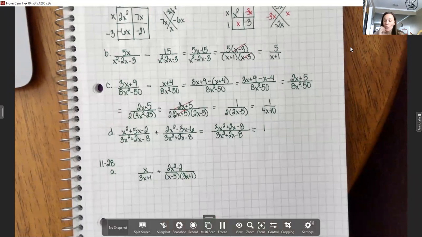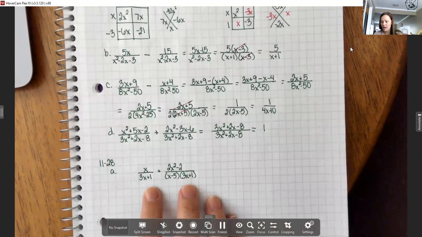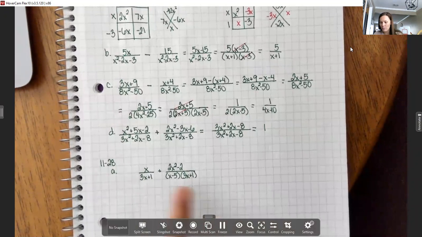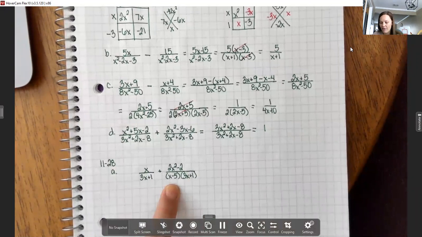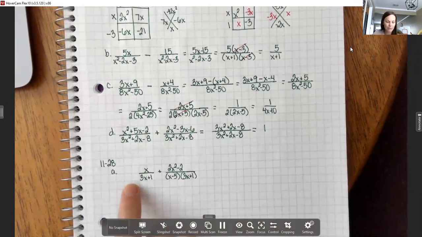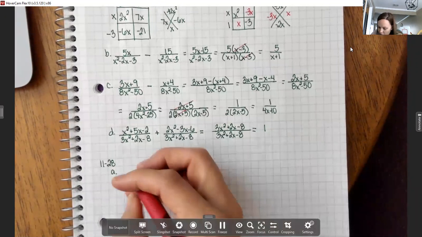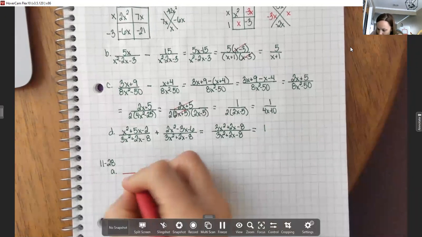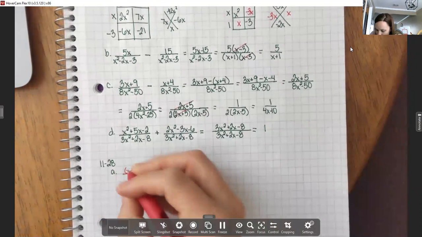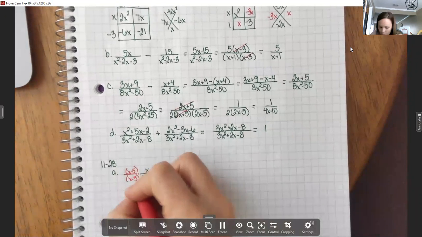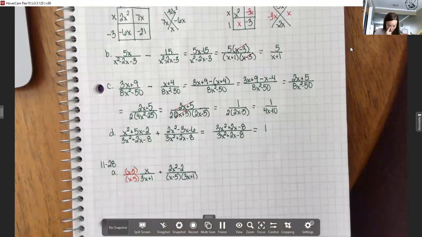Okay, so we don't have a common denominator, but one of the factors is the same. There's a 3x plus 1 in both of our denominators. This first expression doesn't have an x minus 5, so we need to put an x minus 5 in this first fraction. So we need to multiply it by (x - 5) over (x - 5).